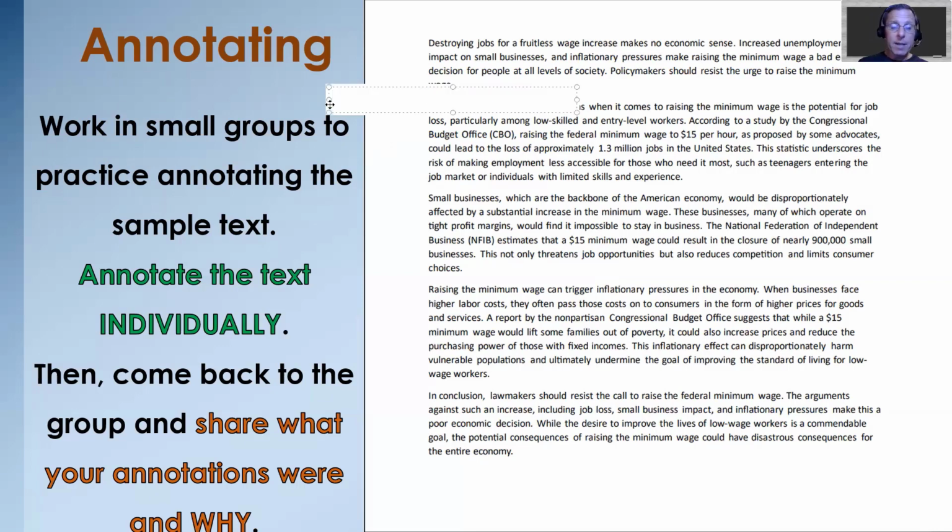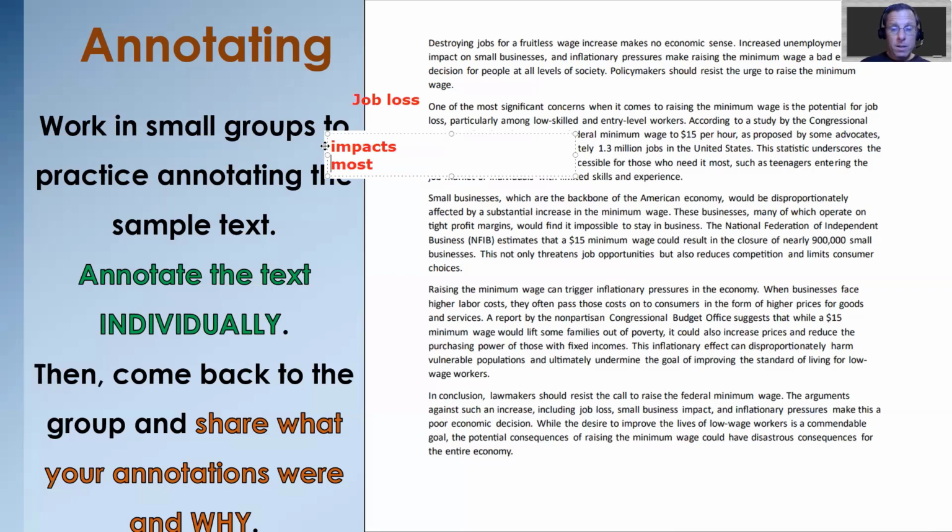So I might write something like job loss, and I might write impacts most vulnerable, and in here I'll write low skilled.